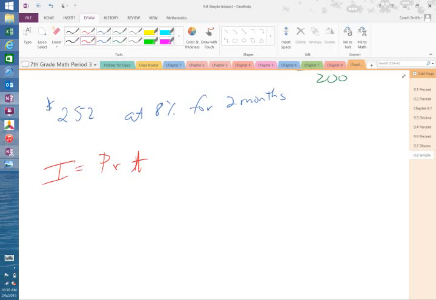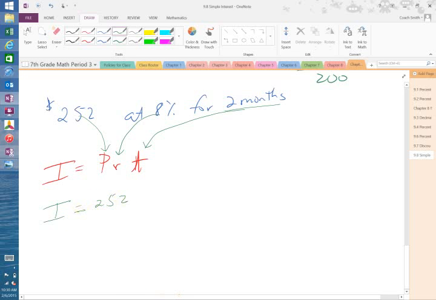This one here, we plug in the information. 252 goes there, 8% goes there, 2 months goes there. So that's I equals 252 times 0.08 for 8% times, now here's where it's different.